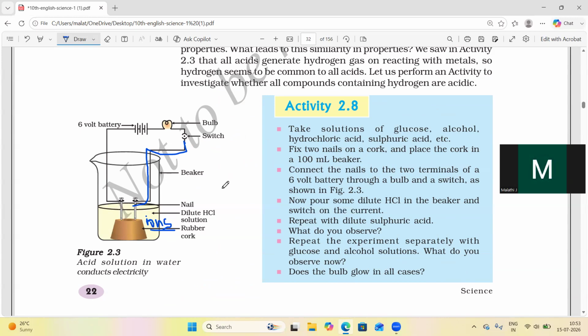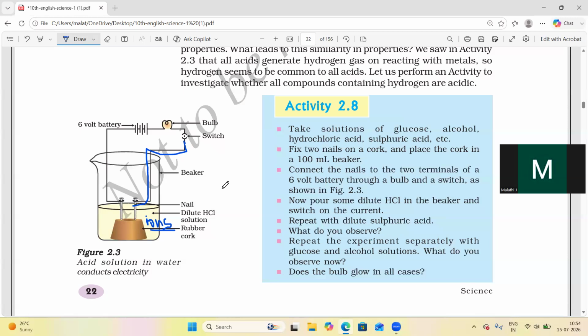These ions are responsible for conducting electricity. You can take another example, a base such as NaOH. When dissolved in water, ions are liberated, which helps to conduct electricity in the solution.